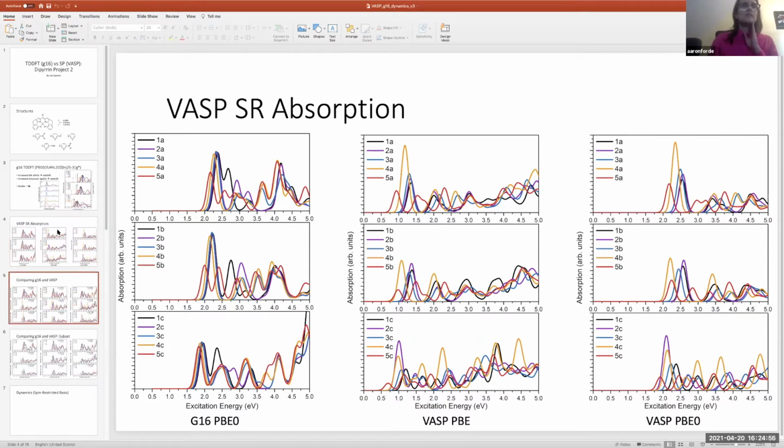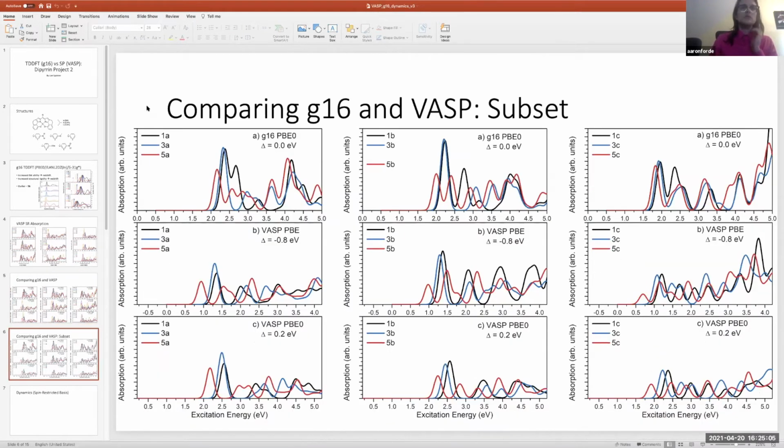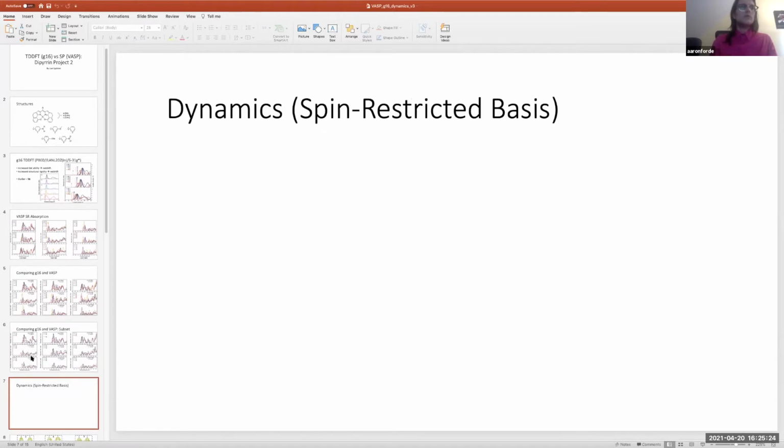And then I guess the takeaway summary is that there is a certain subset of the VASP calculations which follow the same trends from the Gaussian calculations. So the 1, 3, and 5 compounds, which is changing the withdrawing groups. And so it's these 9 compounds that were selected to do dynamics for. So that's what I'll move to next, doing dynamics.